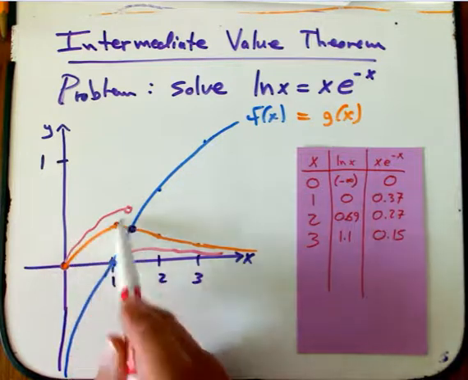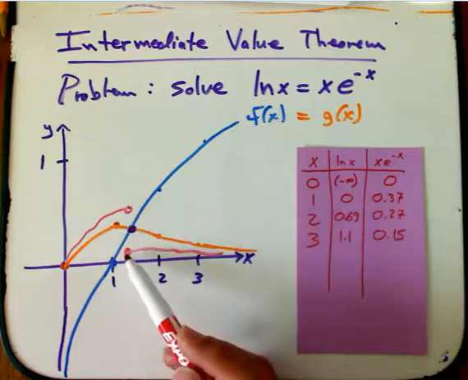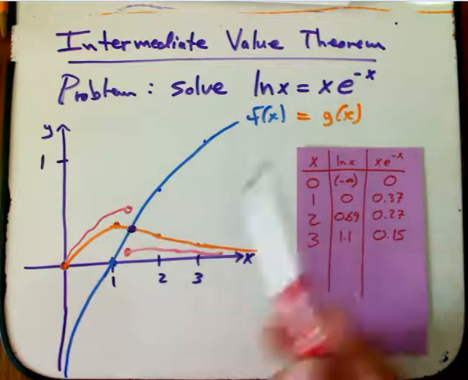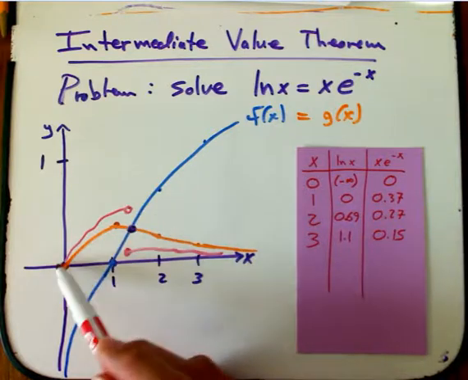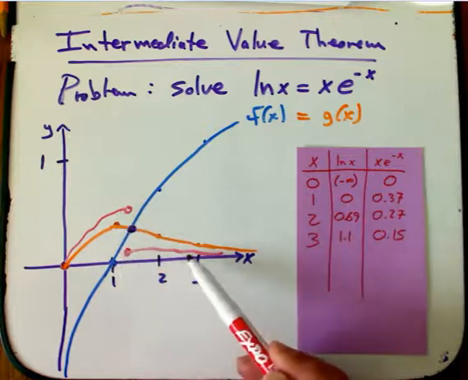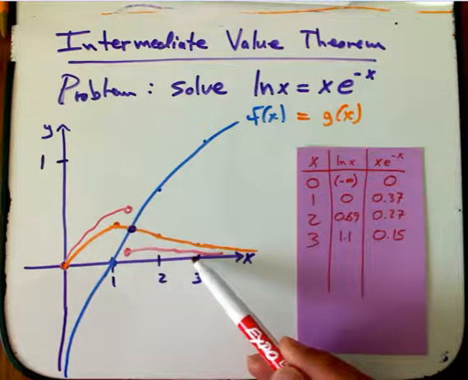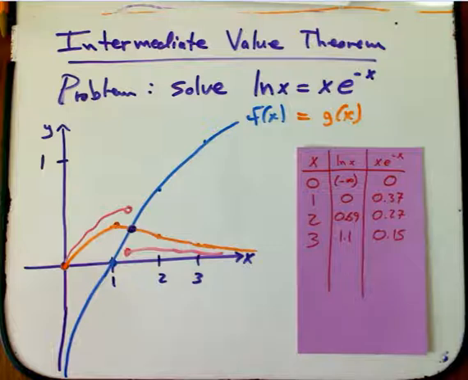Then, just because it started out on one side and ended up on the other doesn't mean there has to be any particular point where they actually touch, where they intersect, and there would be no solution to this. But of course, the difference between this orange curve, x e to the minus x, and this fake red curve is exactly that I had to make it discontinuous. I had to jump over the blue curve in order to not cross.